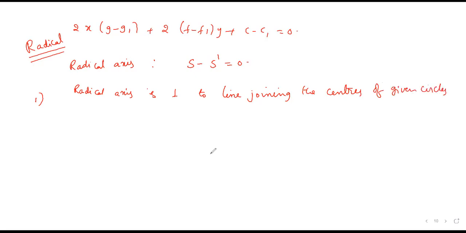The radical axis is perpendicular to the line joining the centers of the two circles, and the radical axis bisects the common tangents of the two circles.